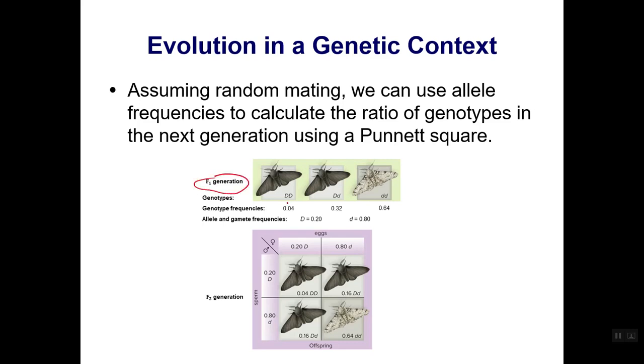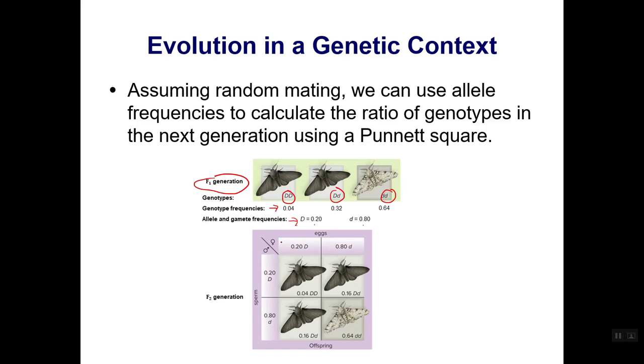There's 3 genotype possibilities: big D, big D; big D, little d; and little d, little d. These are the genotype frequencies. They're given: 0.04, 0.32, and 0.64. Then the next thing we did in the previous slide was to calculate the allele frequencies from the genotype frequencies, which we got 0.2 and 0.8 respectively for big D and little d.